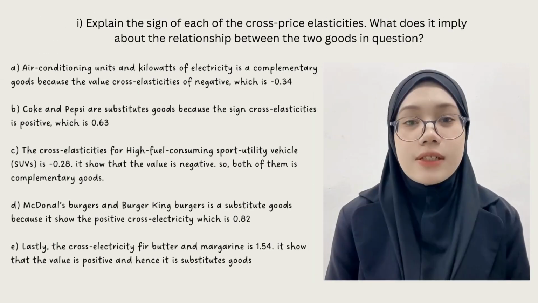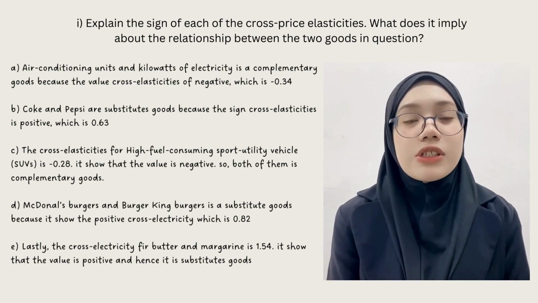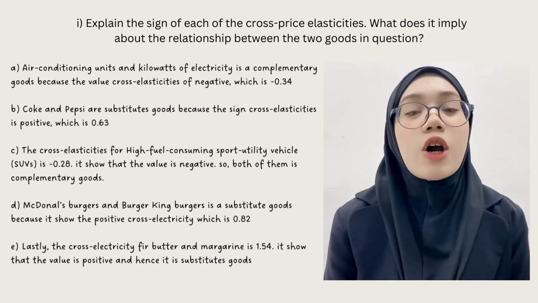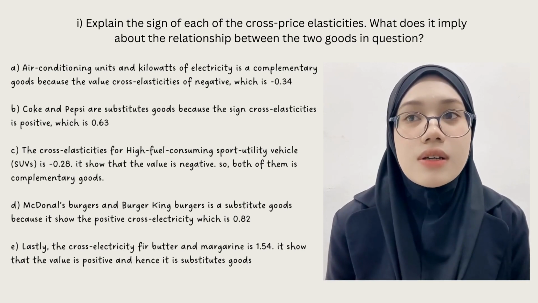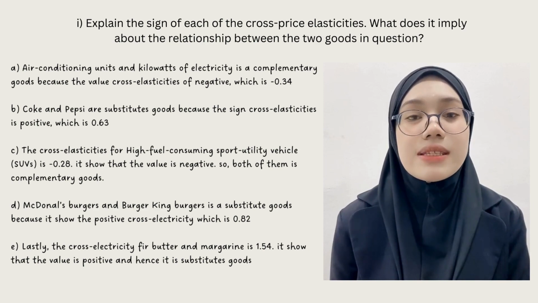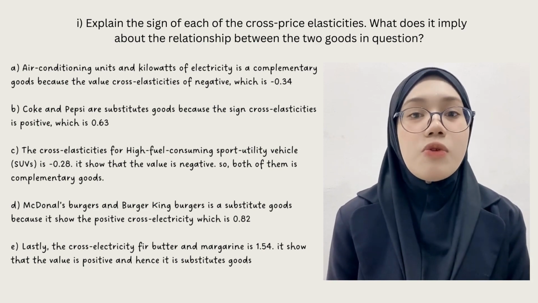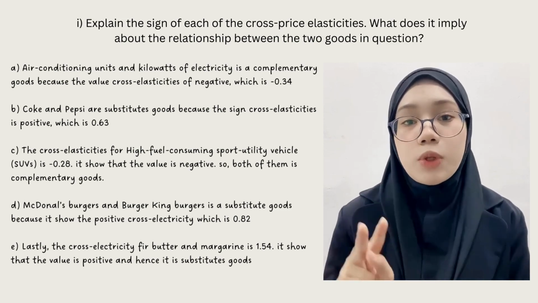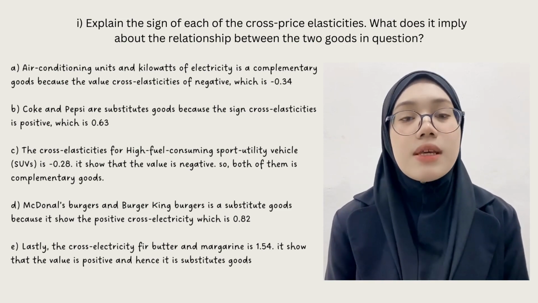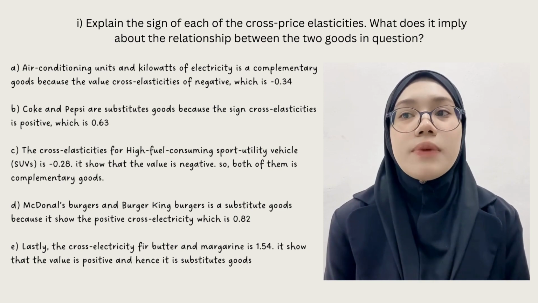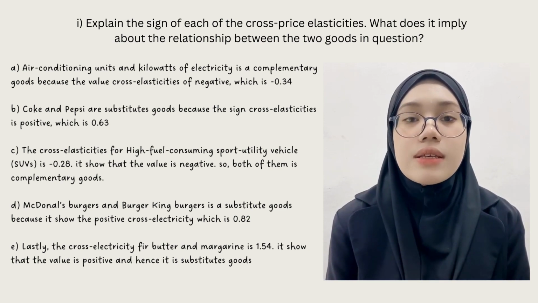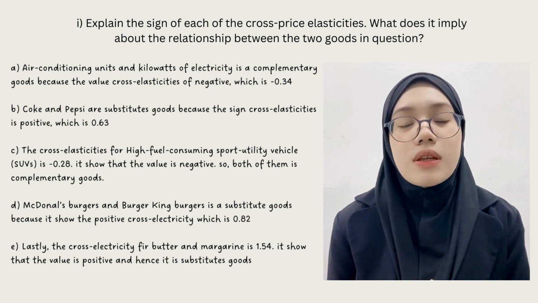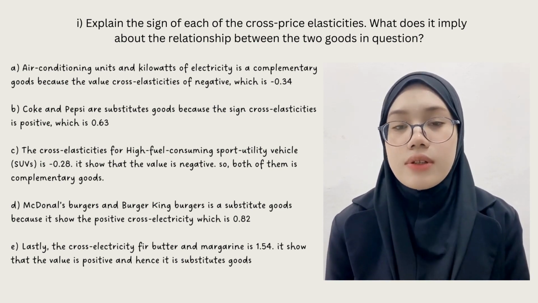This is question 3. Number 1. Air conditioning units and kilowatts of electricity are complementary goods because the cross elasticity value is negative, which is negative 0.34. Number 2. Coke and Pepsi are substitute goods because the sign of the cross elasticity is positive, which is 0.63.